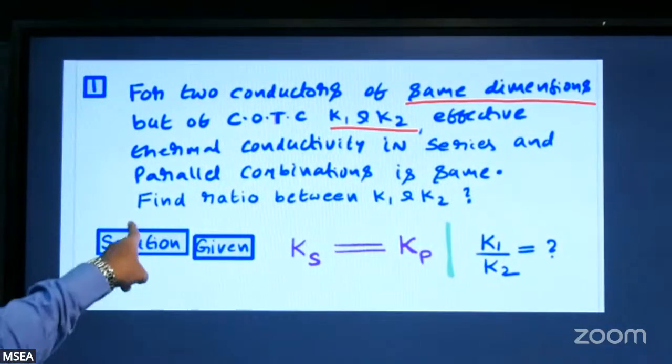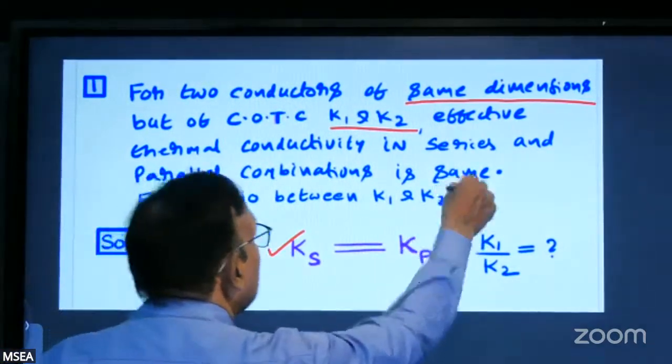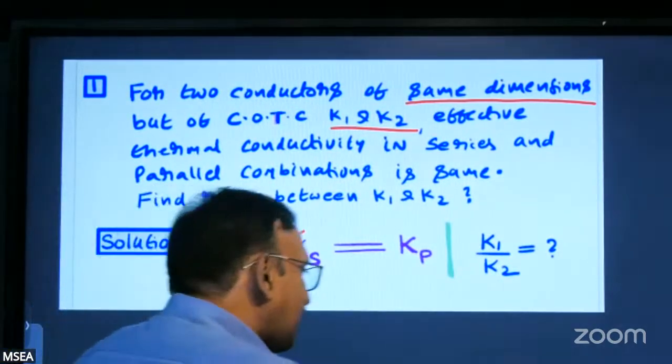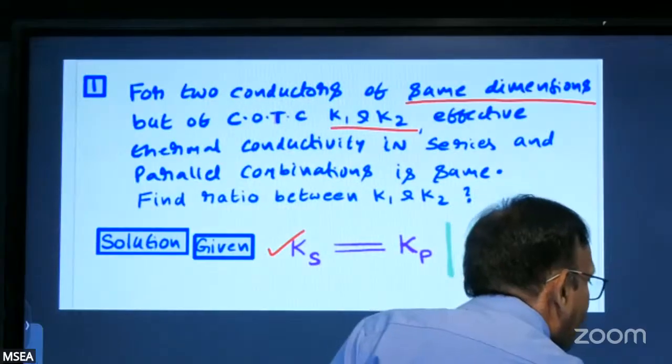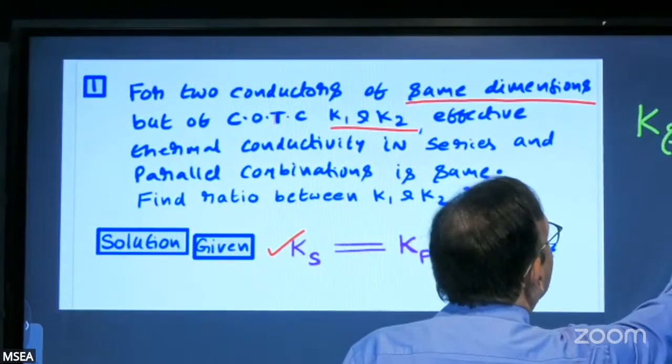Their Ks and Kp are the same. That's what is given. I want to know the ratio between their individual thermal conductivities. If you recollect the formulae from the previous sheets, Ks is given as Kp.